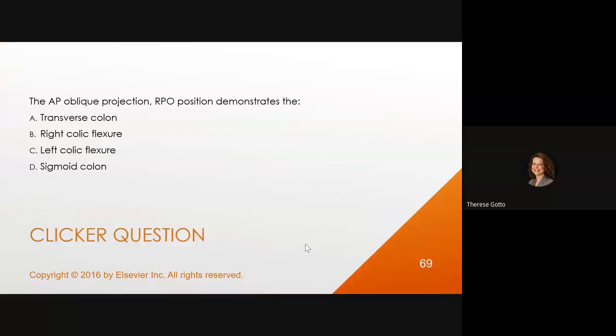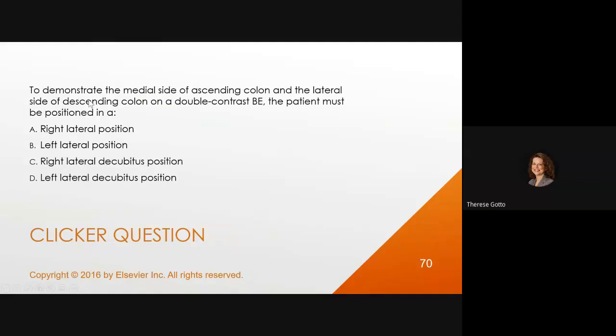Okay, for AP oblique projection in the RPO, this is going to demonstrate what? The answer is you're going to be demonstrating the elevated portion in the RPO. So the elevated portion is going to be your left colic flexure. To demonstrate the medial side of the ascending colon, the medial side is a hint that I am laying on this side.